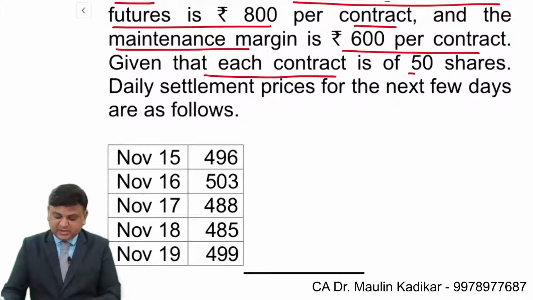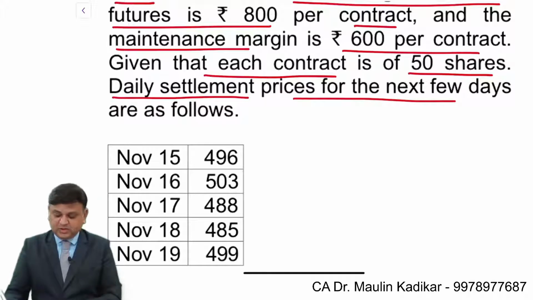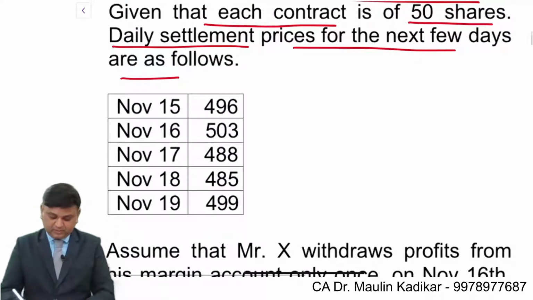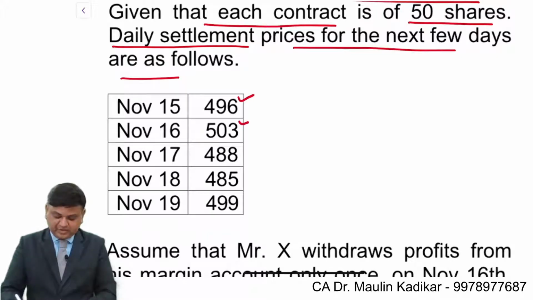Given that each contract is of 50 shares, daily settlement prices for the next few days are as follows: 496, 503, 488, 485 and 499.